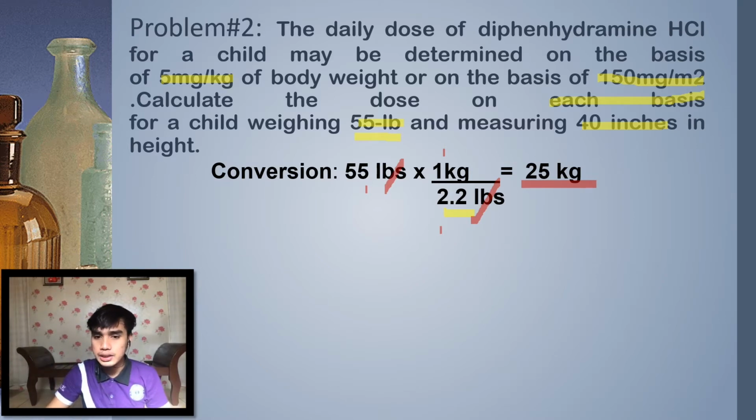So next, since we have now the weight of the child in kilogram, let's calculate the dose of the patient for the first basis. So what is our first basis here? 5 mg per kilogram.